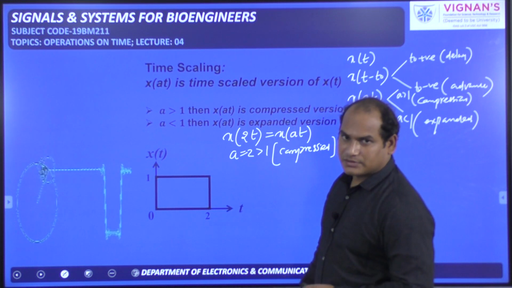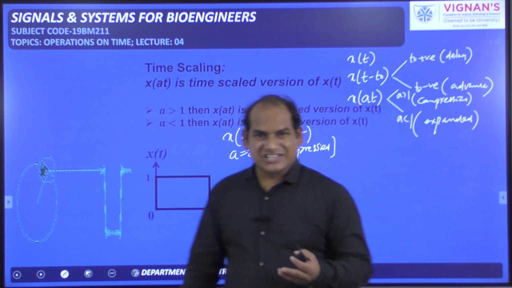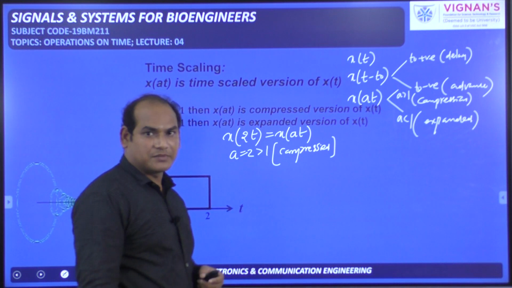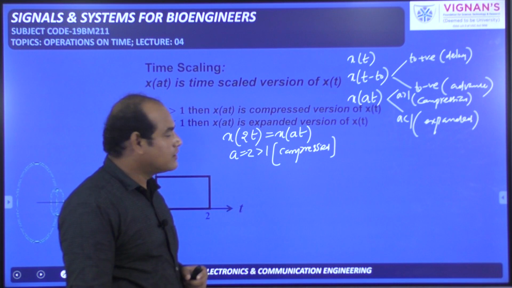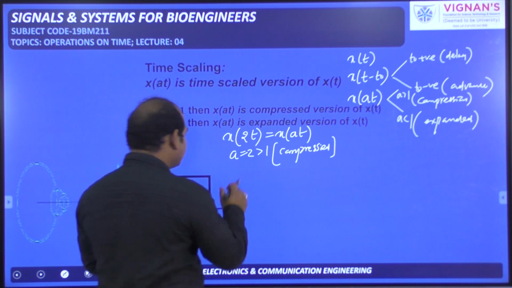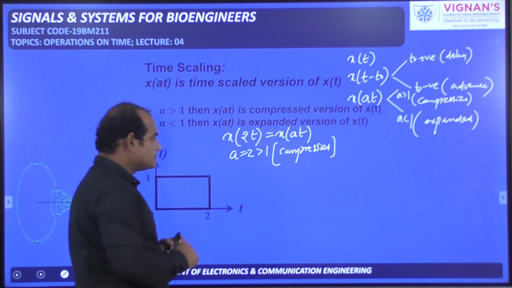How to draw this one? First we will do the actual method, then we will do the shortcut method. For this also a shortcut method is there. From the original signal, write the given values.